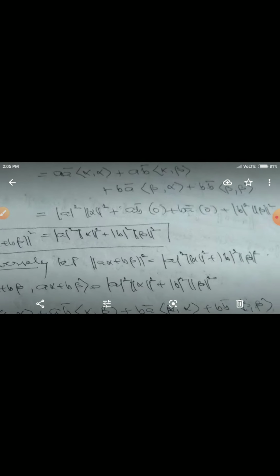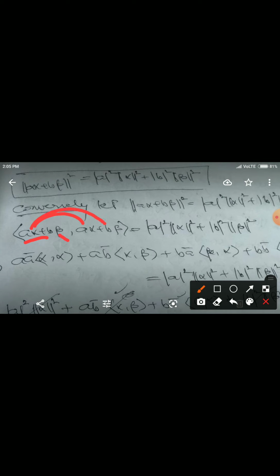So conversely, let norm A alpha plus B beta whole square be equal to mod A square norm alpha square plus modulus of B whole square into norm beta square. So the inner product of A alpha plus B beta with A alpha plus B beta equals modulus A square into norm alpha square plus modulus of B square into norm beta square.